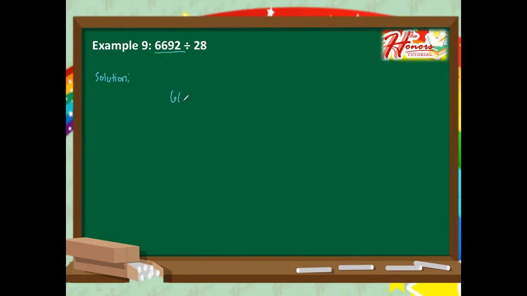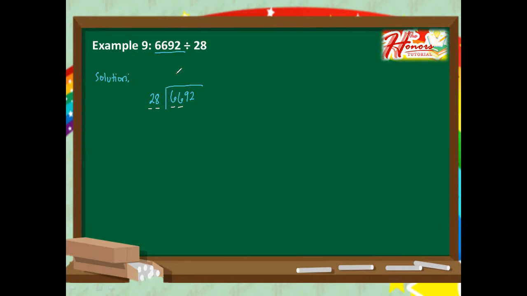It is 6,692 divided by 28. As I have mentioned earlier, you have here a two-digit divisor, so you should be getting two digits also here. No need to add another digit because 66 is greater than 28. So we can easily divide 66 by 28.